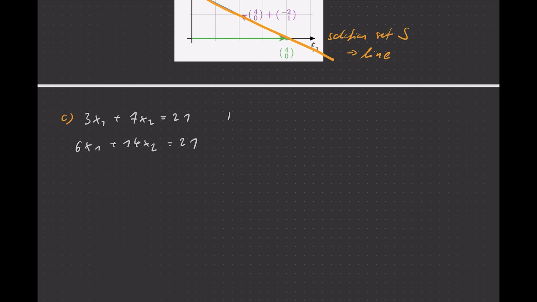So this time, again, I'll multiply the first equation by 2, and what I get is 6x1 plus 14x2 equals 42. And I'll just copy the second equation. And then I'll subtract equation number 1 from that one.